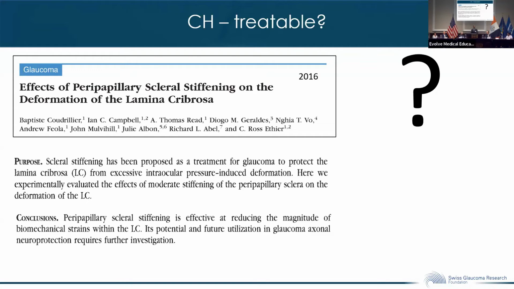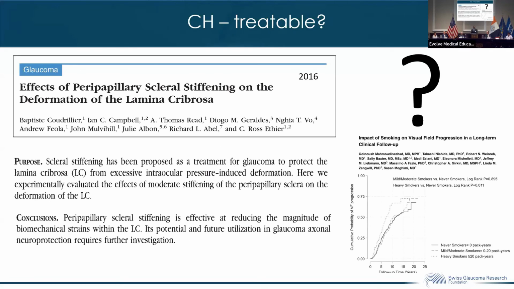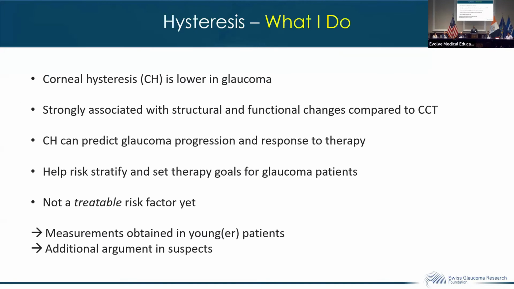It is still seen with a big question mark. We don't know if that really works in a real life situation. One worry some, I would say myself, have is that we know, for example, that when you smoke, smoking probably increases the rigidity of the globe. And maybe that's why, among other reasons, smoking has been widely associated in published studies with worse glaucoma.